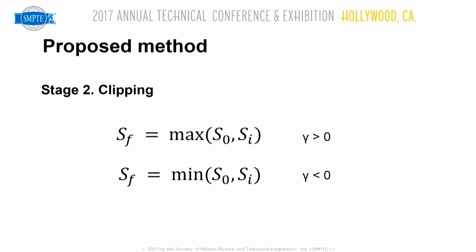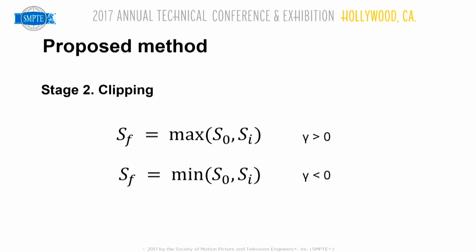Okay, then the second stage is a simple clipping, because what we're doing with the first stage is either increasing or decreasing the contrast. But if we need to do gamut extension, we want the saturation to increase, but we don't want the saturation to decrease, right?